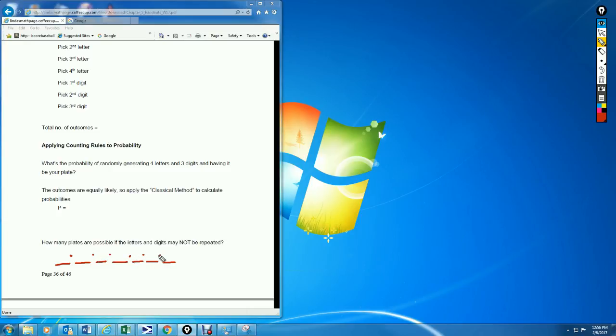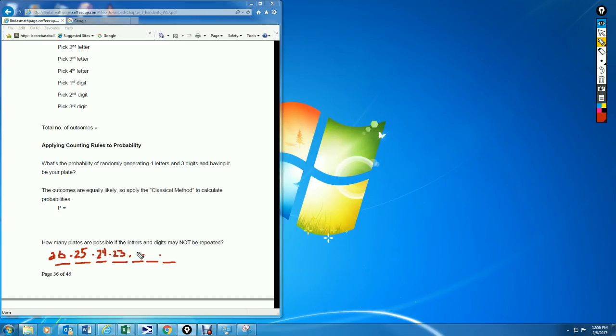So how many ways to pick the first letter? Well, there's 26. But then whatever letter that was, I can't use it again. So how many ways to pick the second letter? There's only 25. And then I can't use that one again. So 24 and 23.